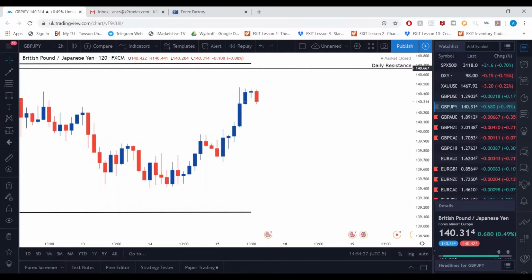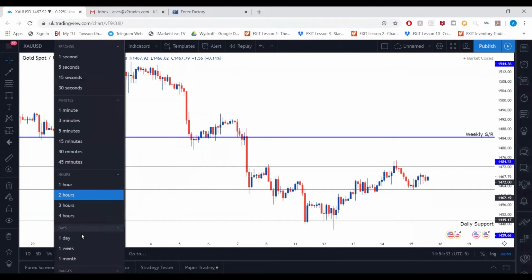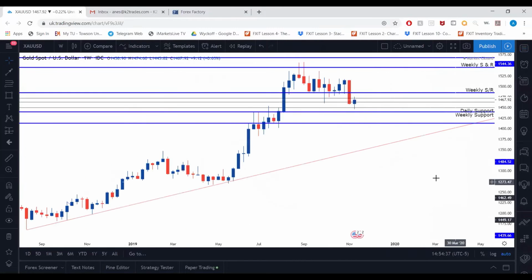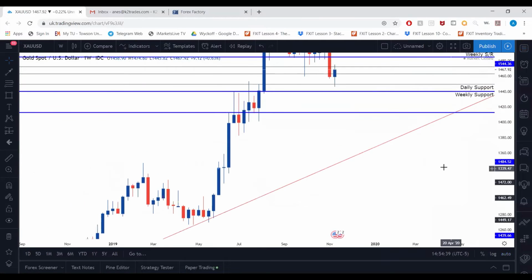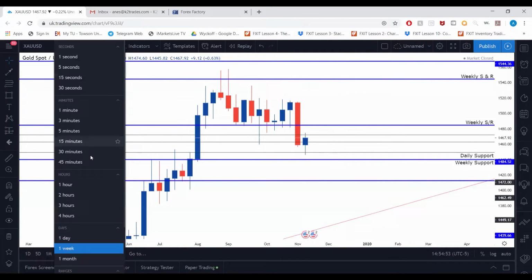Next is gold. All right, Ella wanted to see gold. So gold obviously is still in a weekly uptrend. It was a massive drop that week, and it seems like we might be correcting to this weekly support. It did perfectly reject the daily support.